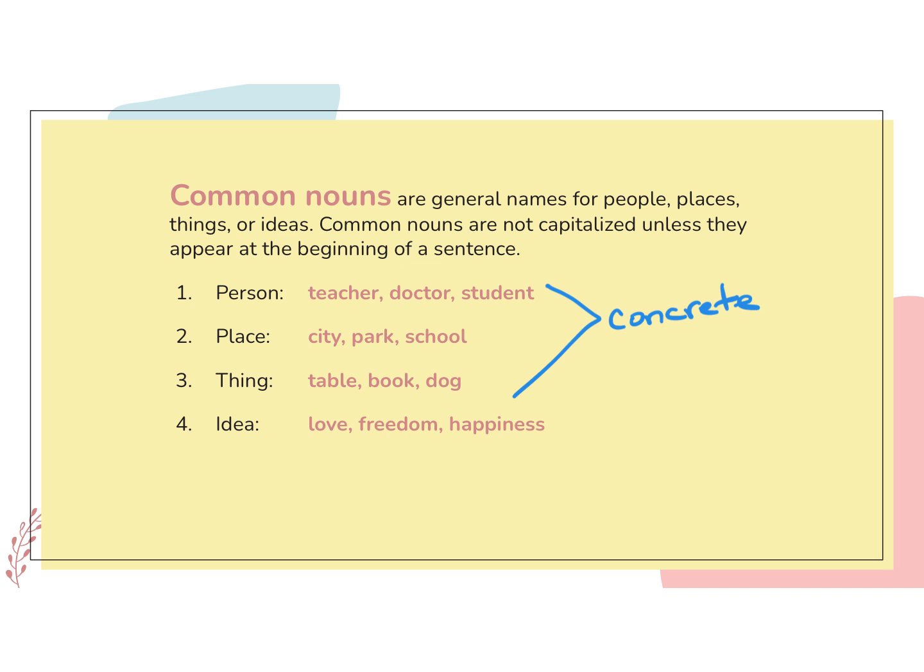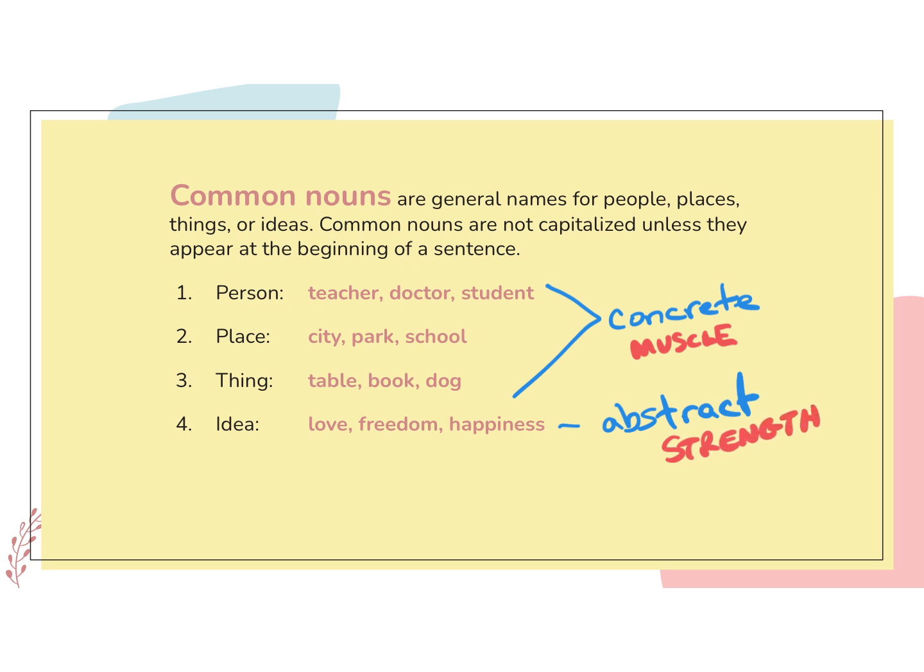Another way to refer to ideas is by calling them abstract nouns, because they cannot be perceived by our five senses. For example, muscle is a concrete noun, while strength is an abstract noun.